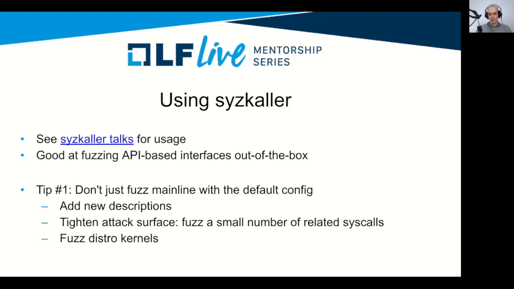The second thing you can do is to tighten the attack surface, which means instead of trying to target all 300 syscalls that the kernel has, just choose 3 of them. It usually works great if those 3 are related. In the case of network fuzzing, for example, what I've been doing for a long time is enabling TCP sockets, the send syscall, the receive syscall, and setsockopt, and fuzzing just those 4 syscalls.